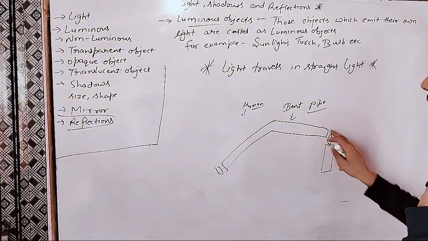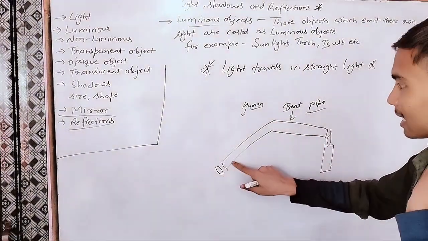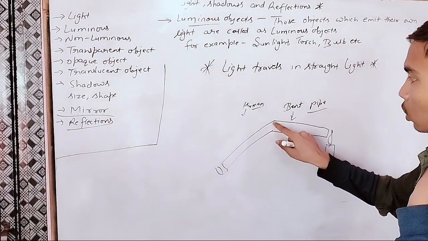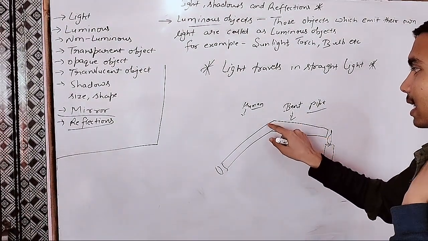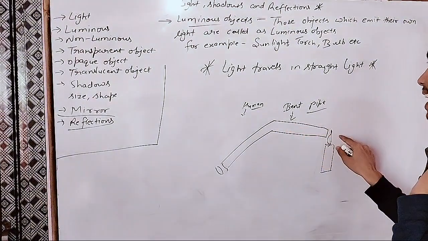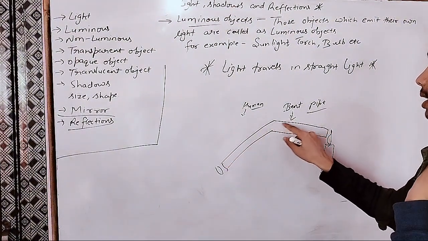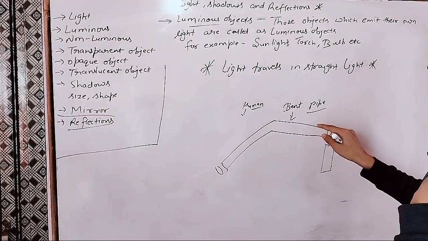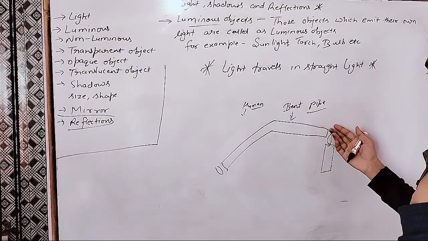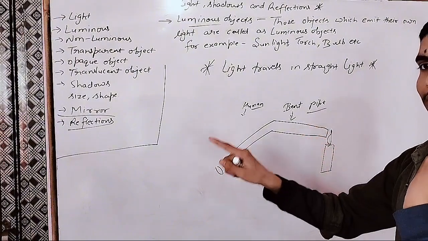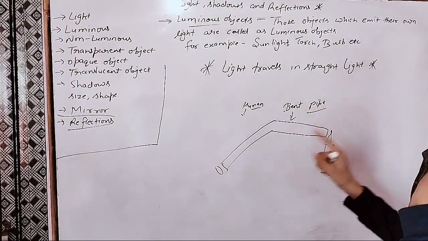But we can't see this flame candle because light goes through here and then it turns into another direction. So light is not in a straight direction. That's why we can't see the flame candle, because light is not traveling in a straight line.